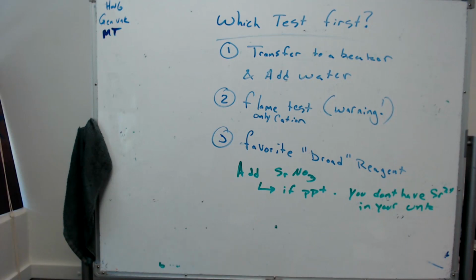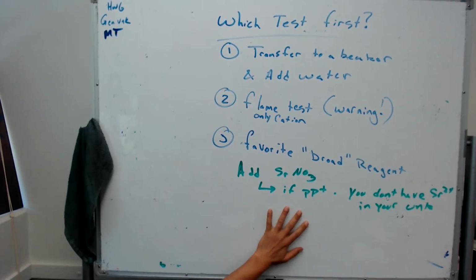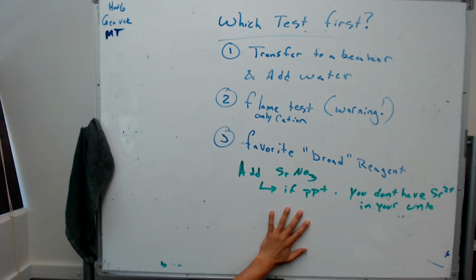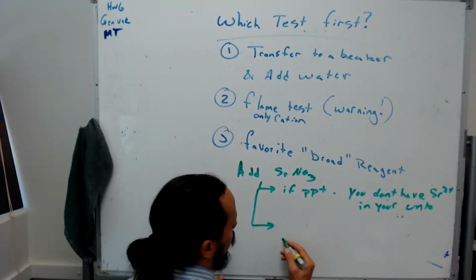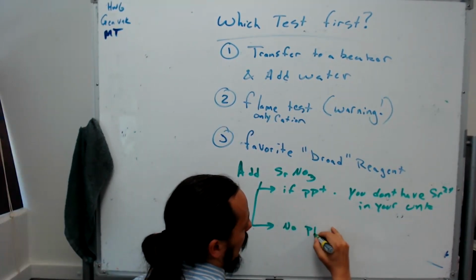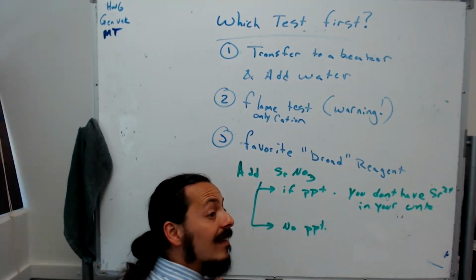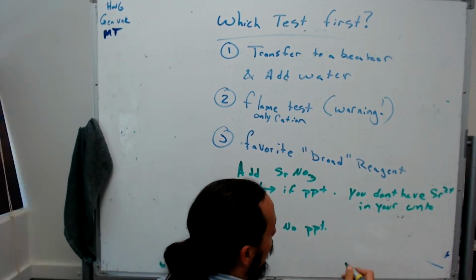If you had strontium in your unknown, you'd just be adding more strontium to your unknown, and it wouldn't precipitate. So by reverse logic, if a precipitate forms, you couldn't have had strontium because it wouldn't have dissolved if you did. As in the strontium you added wouldn't dissolve? Yeah. No precipitate.